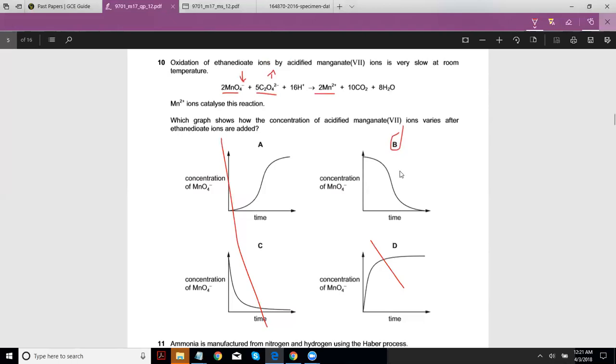But just in case they had given a more difficult question, then you'd realize since Mn2+ catalyzes the reaction, the more Mn2+ is formed, the more it catalyzes. So in the later stages where more Mn2+ is being formed, it should catalyze the reaction. Ergo, earlier if you draw a tangent the gradient wasn't that much, later the gradient should become very high, which is basically what happens.